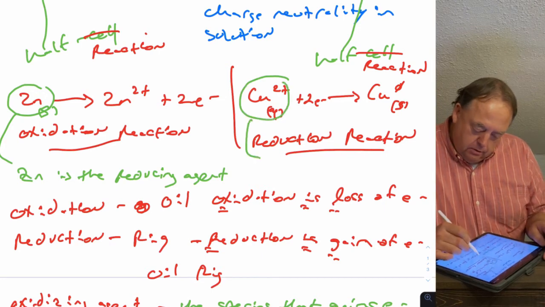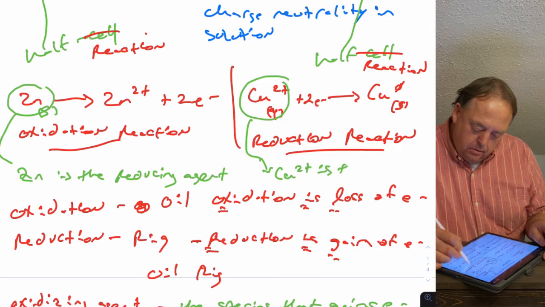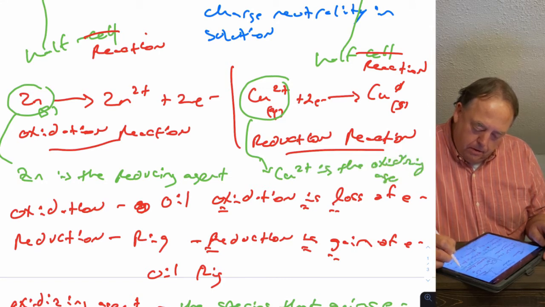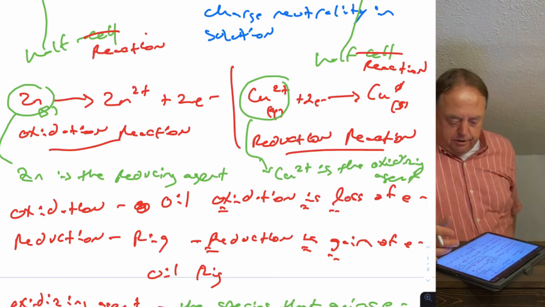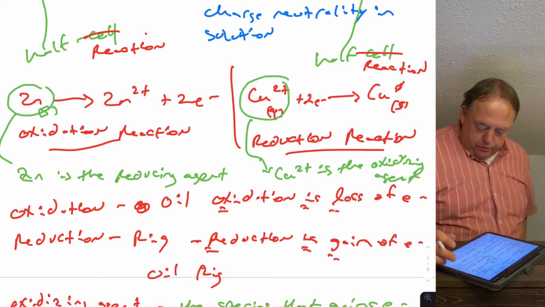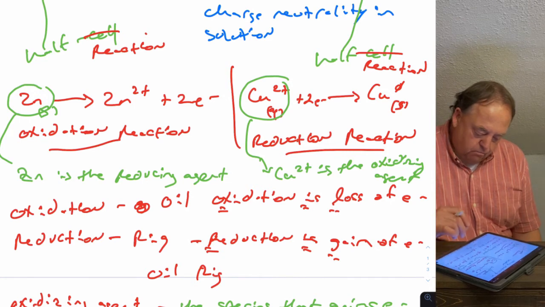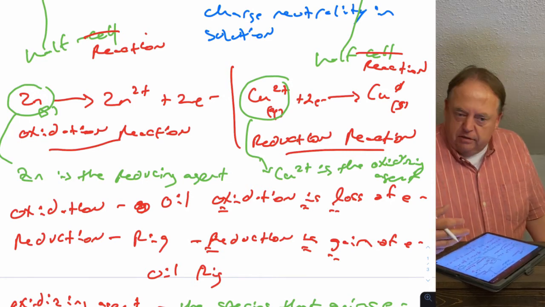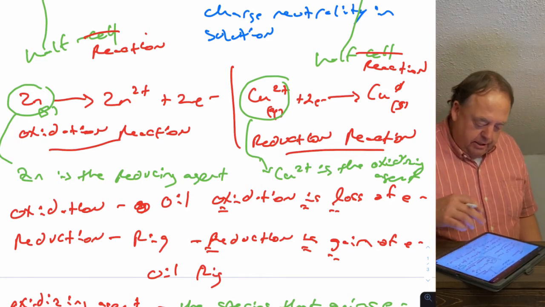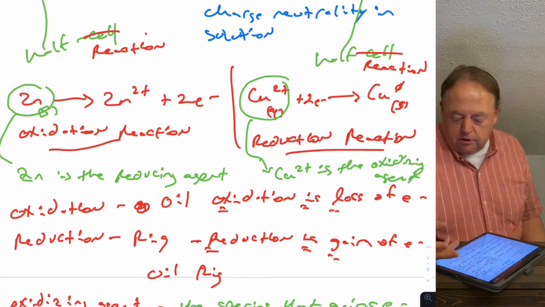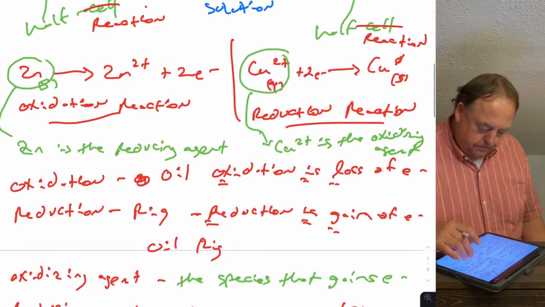That is what gained the electrons. So then it would be the oxidizing agent. So it gained electrons, so it caused the oxidation of zinc. And zinc lost electrons, so it caused the reduction of copper 2+.